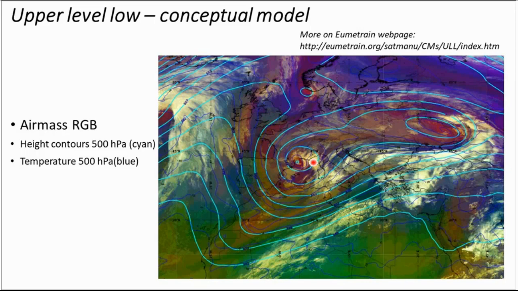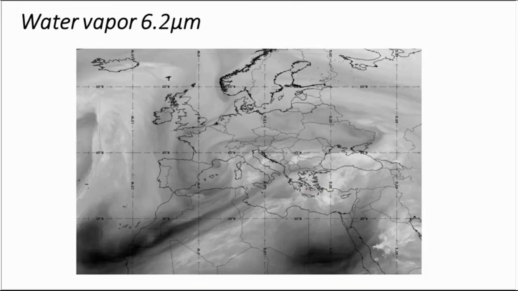Besides this one, we also have this one here, an upper level low, and also one here. But we will look in more detail just at this one here. Again, the upper level low is very nicely seen also on the water vapor 6.2 micron satellite image.